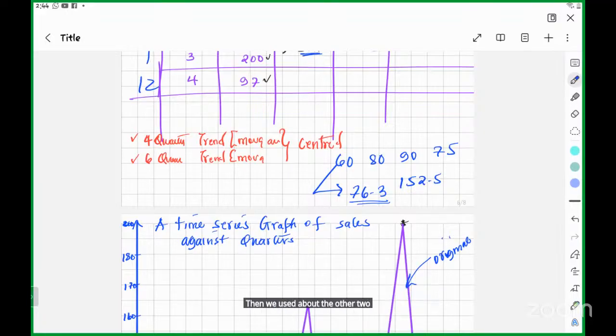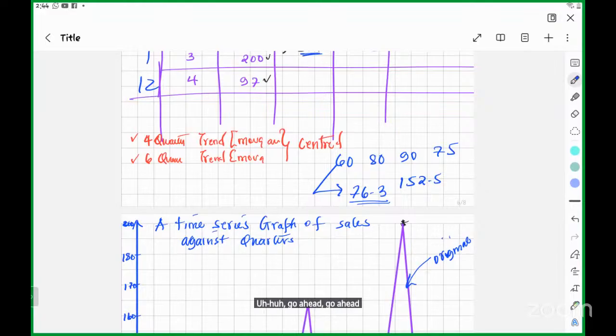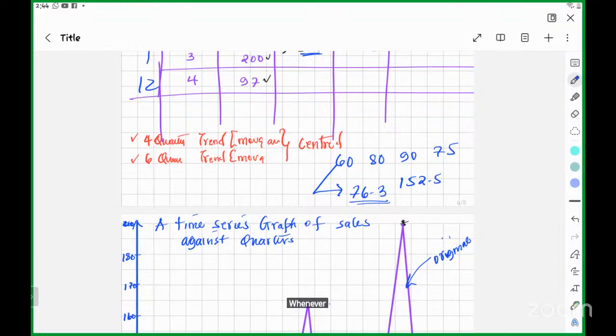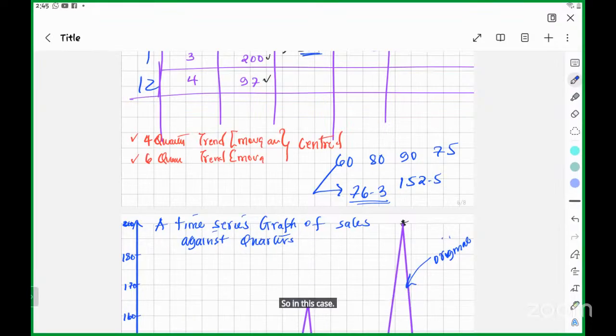If the examiner has not told you which is the base period, whenever it doesn't specify the base period, you go with the prior period. So in this case, 1998 was the base period.